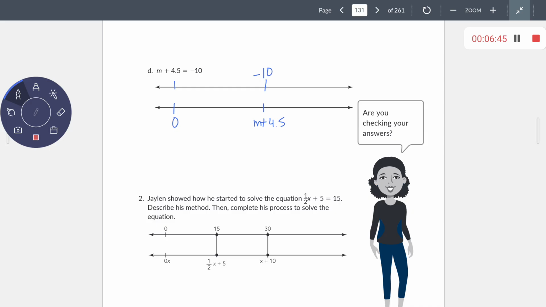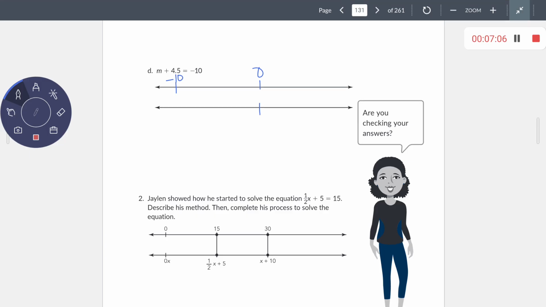So as you can tell, this is not correct because the negative 10 should be to the left, right? So 0, and we'll put negative 10 here, okay? And that's okay. This is why we show math in pencil, so if we make a mistake, we can fix it, okay?